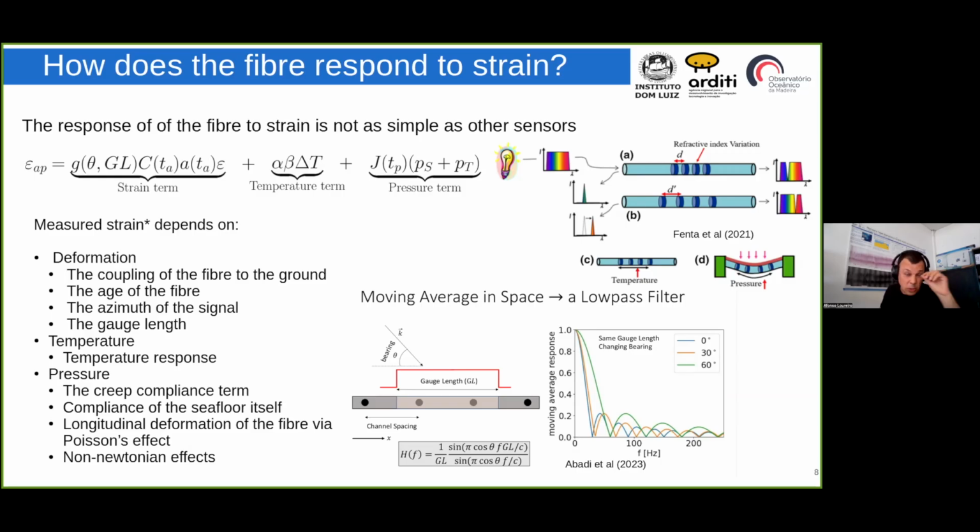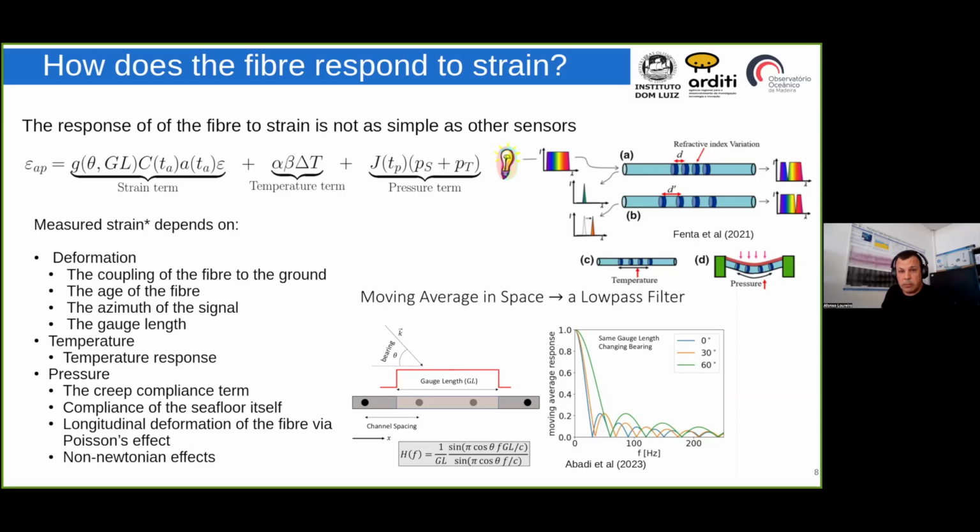In DAS, we have not only the strain that affects the fiber, but also the size of the gauge length that we use and the direction from which the energy comes, which will affect how the fiber responds to strain. But the fiber is also sensitive to temperature and pressure.